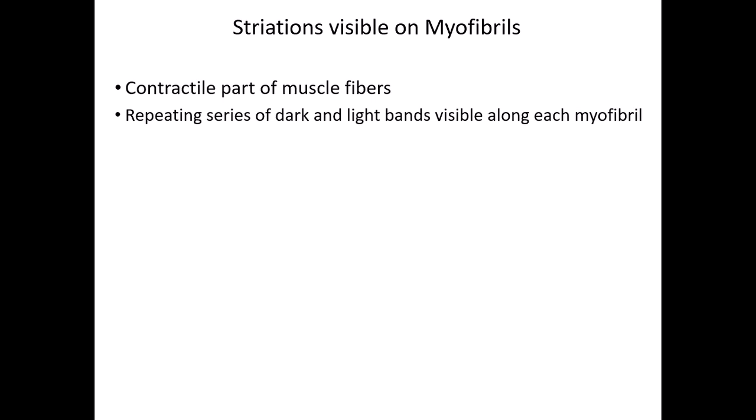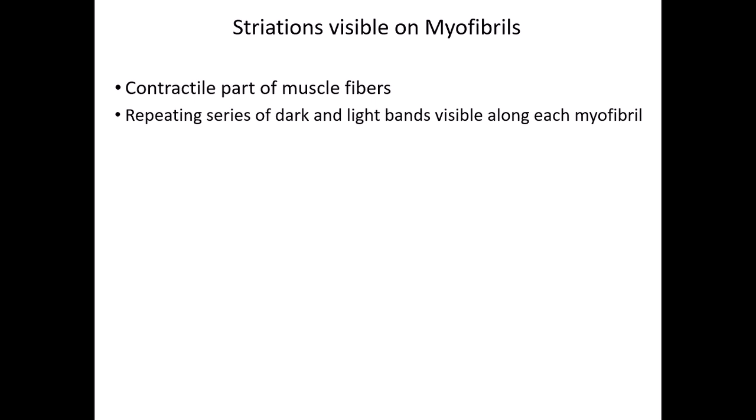And the striations that are visible on the myofibrils are really that contractile part of the muscle fiber, really making up the sarcomere. So it's a repeating series of dark and light lines that you see under the microscope along each myofibril that are creating what we call these striations.